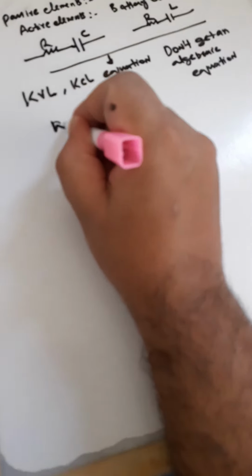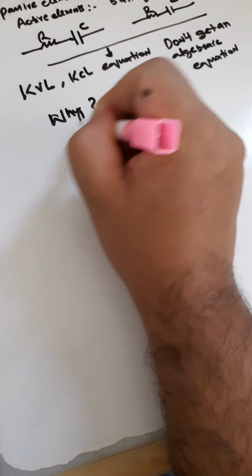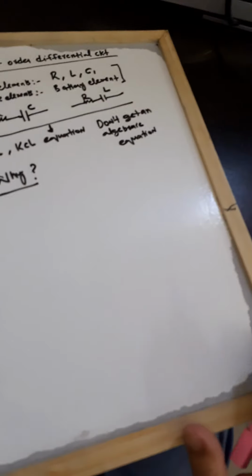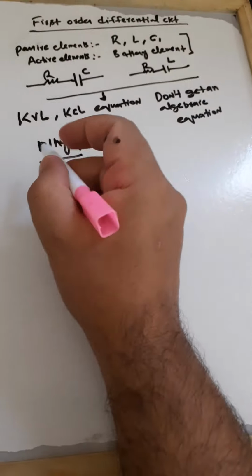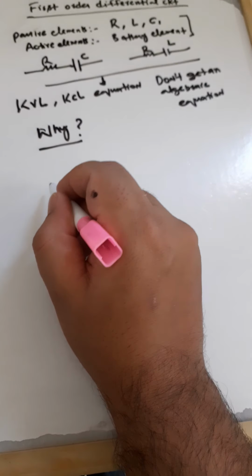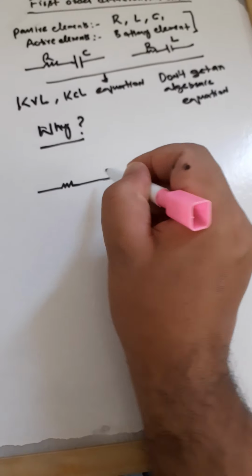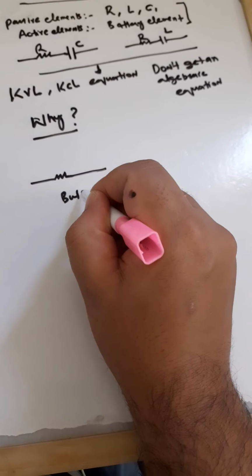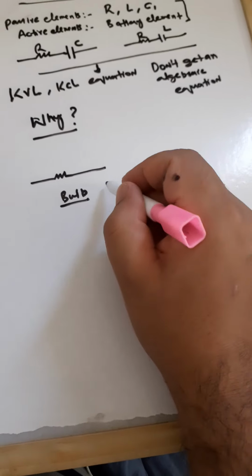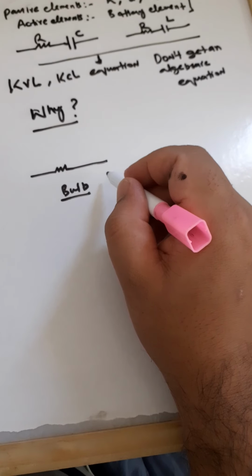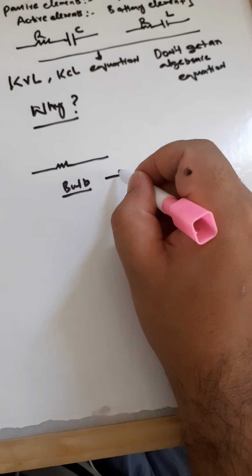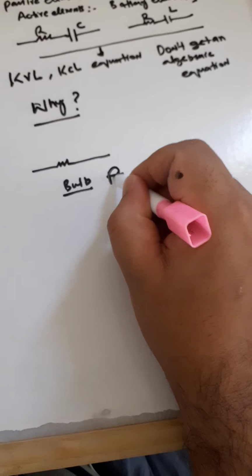Why? What is the reason? Why don't we get an algebraic equation? The reason is simple. For example, a resistance, you can take any bulb, LED bulb, or fluorescent bulb, or the bulb with the filament. That is actually resistance.